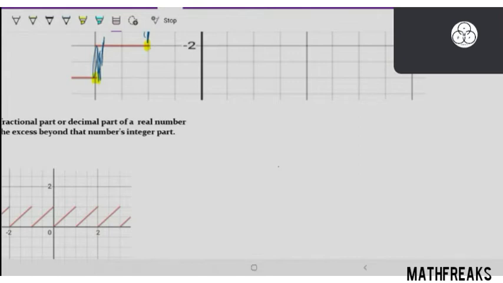Now what will the graph of this function look like? Let us try to make it ourselves. Say an input we are giving. Box 0.3.